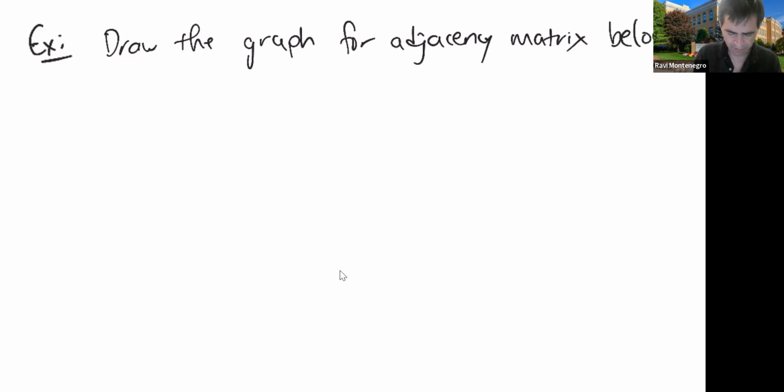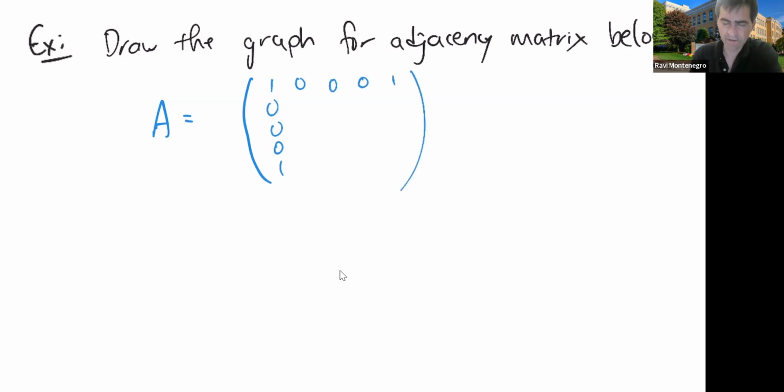So I'll give a matrix here. Let's say our adjacency matrix is the following. It'll take a minute to write out all the entries.